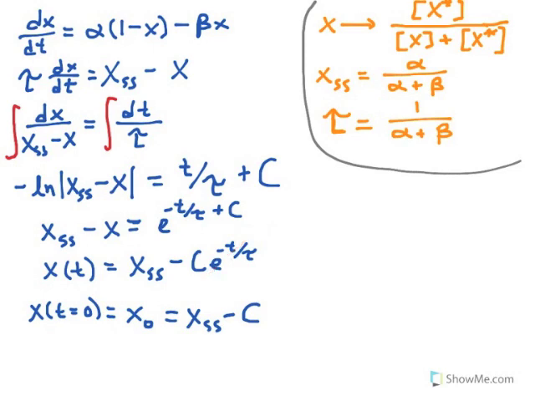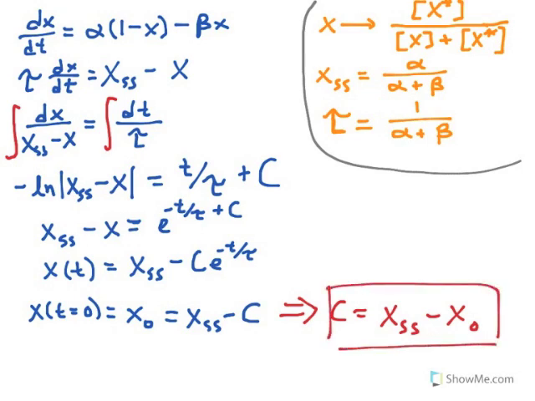Okay, so this then implies the following: c equals xss minus x0. Okay, so now we have the constant, which we've put in terms of the initial condition, so that's going to go there.